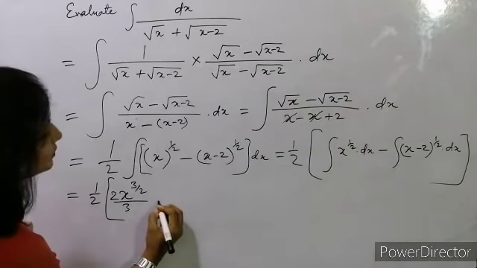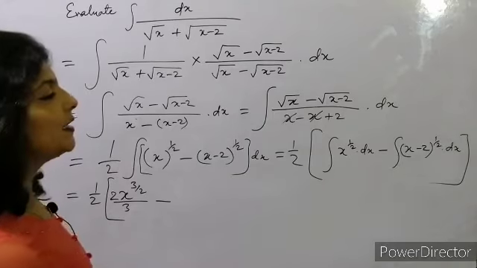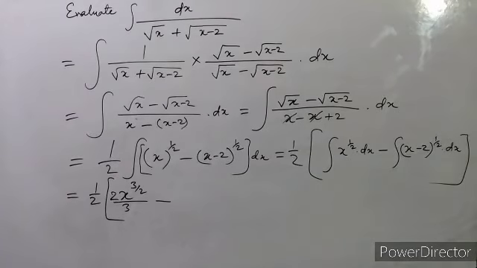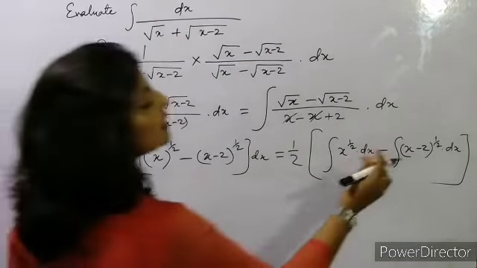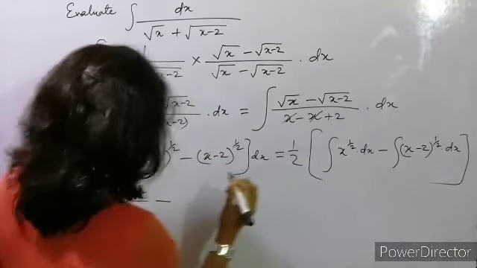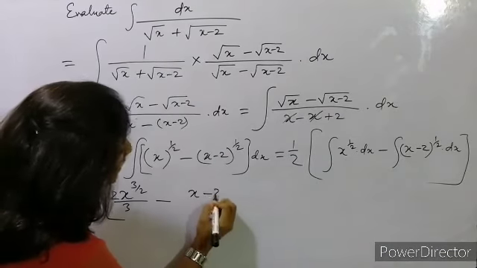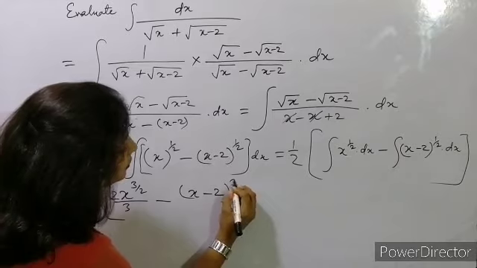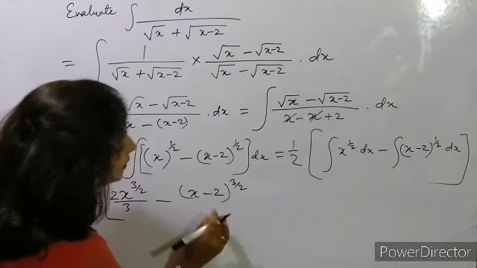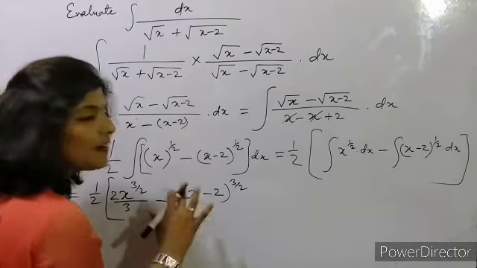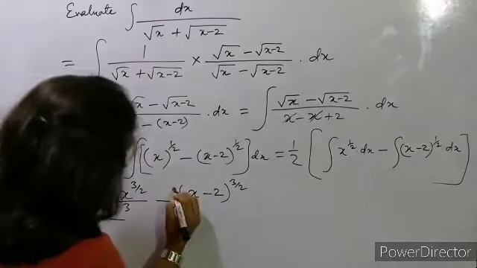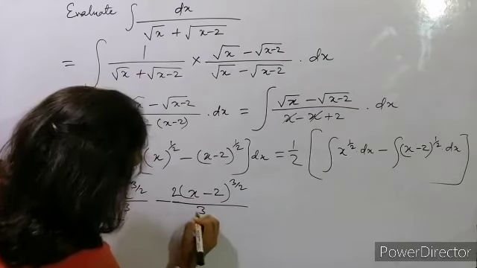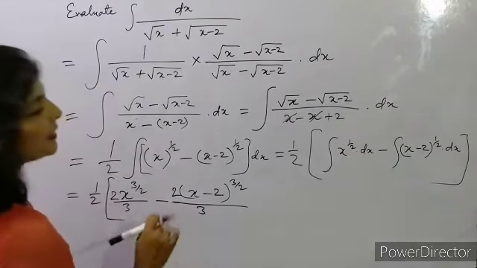Now minus x minus 2 to the power 1 plus 1 upon 2. It means we have to add one to the power. So what will happen, x minus 2 to the power 3 upon 2 and we'll divide it by 3 upon 2, which means we can multiply this by 2 upon 3. Okay, we can do this.